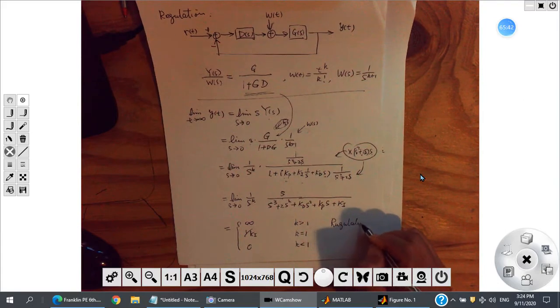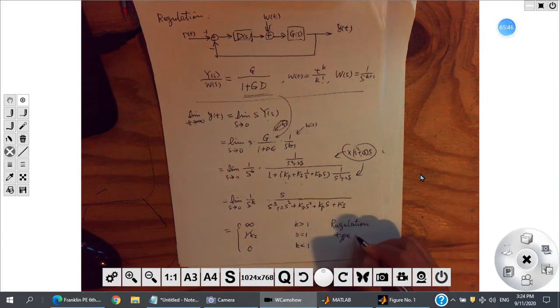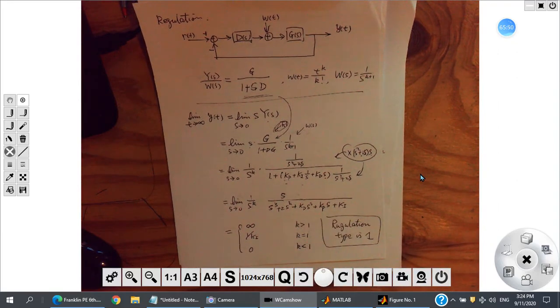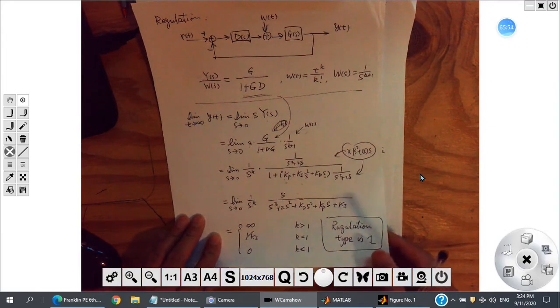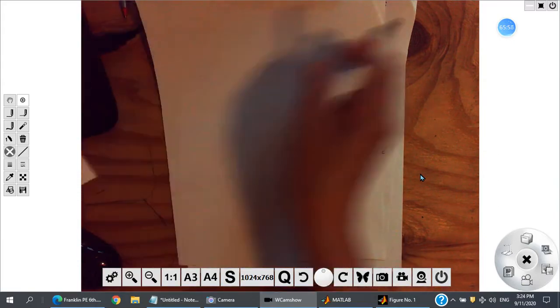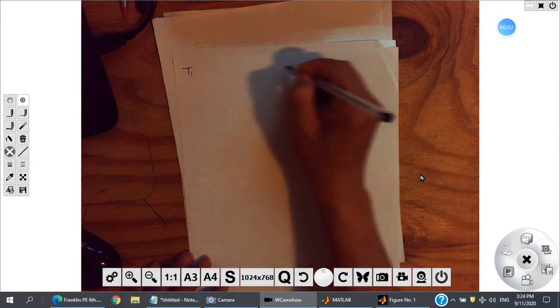Okay, so we have this one, and we say the regulation type is 1. Alright, regulation type is 1. Okay, now we can compare these two systems. Let me list the result here. T1 and T2.